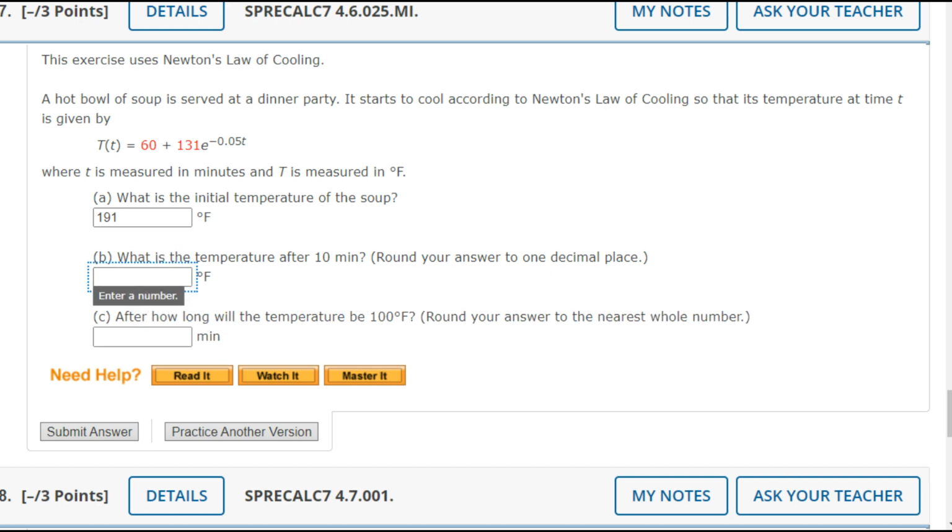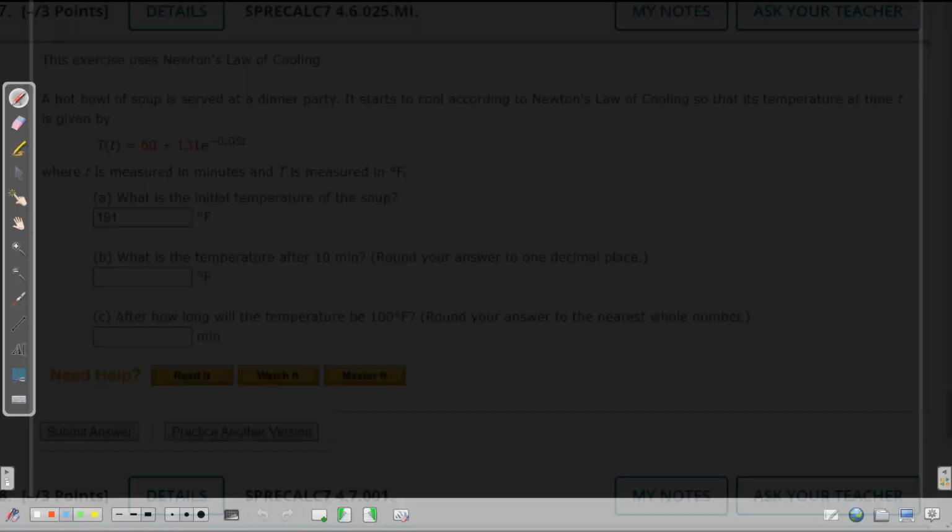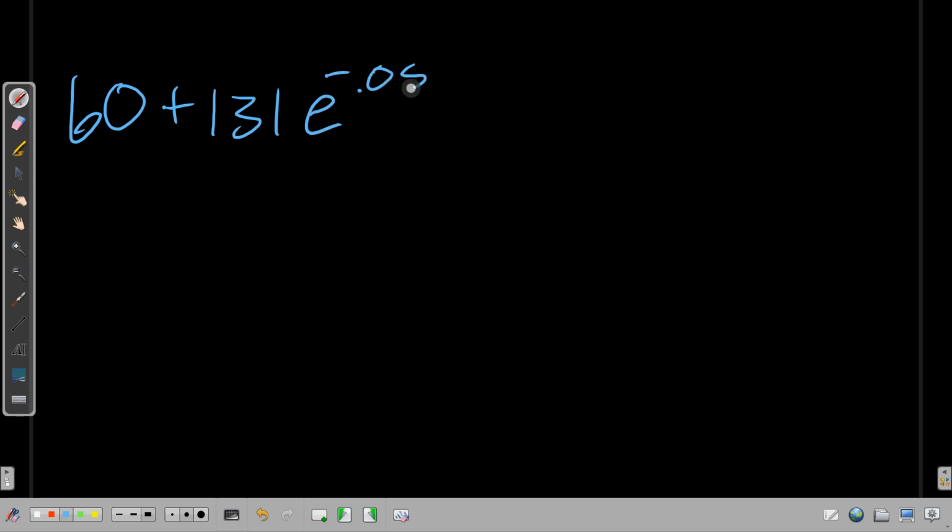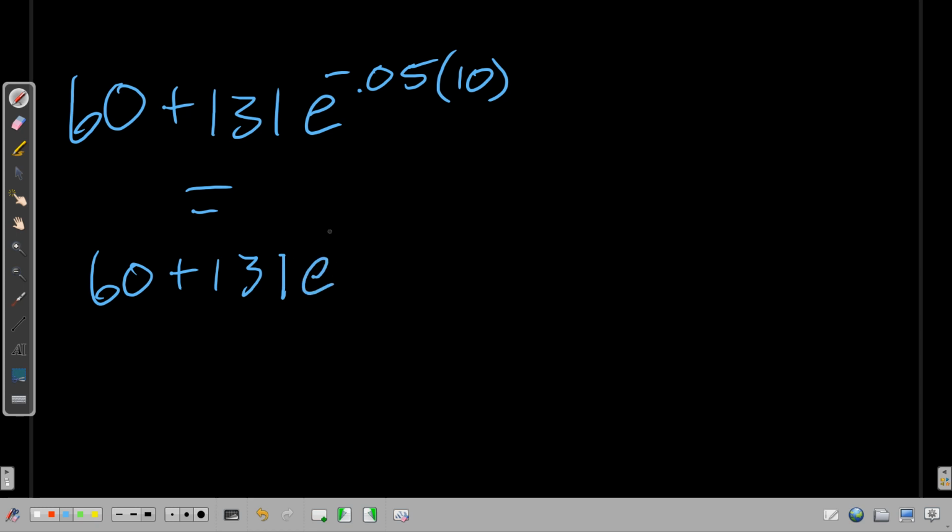What is the temperature after 10 minutes? Well, I would need to compute 60 plus 131 e to the minus 0.05 times 10, which is just 60 plus 131 e to the minus 0.5.